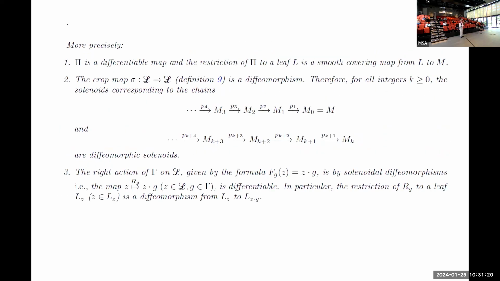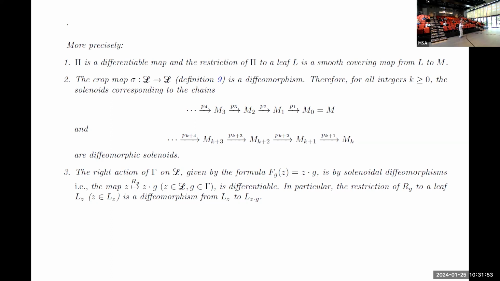So you can always assume that you have a tower; you can say that the directed set is actually a chain. This is an observation which is important here. If you take the base manifold and a sequence of coverings, one idea is what happens if I crop the first n terms.